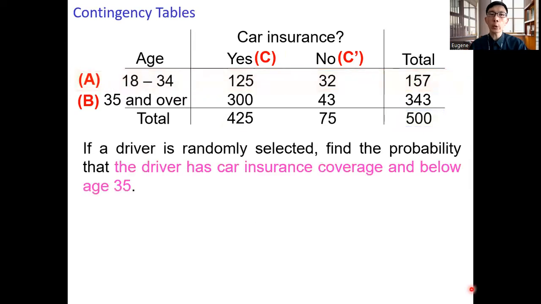Let's take a look at another question. If a driver is randomly selected, find the probability that the driver has car insurance coverage and below age 35.